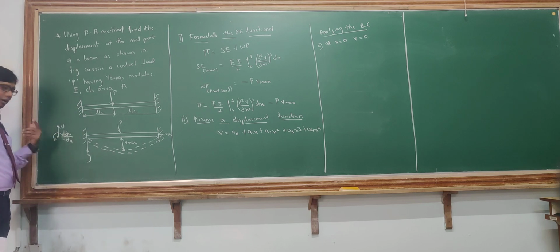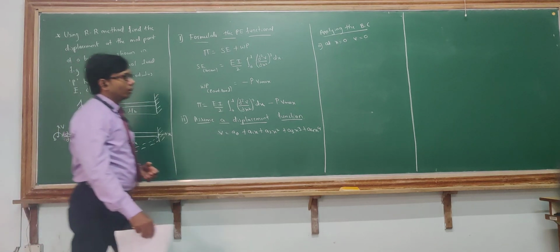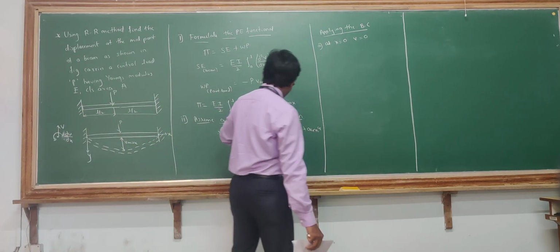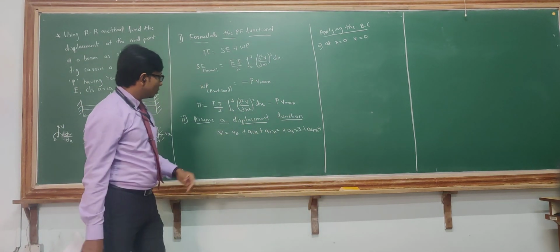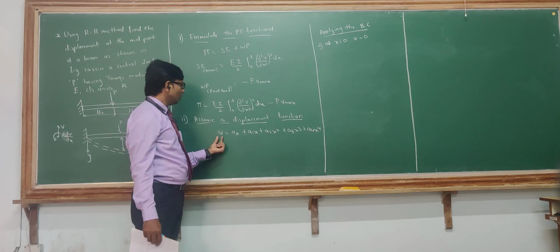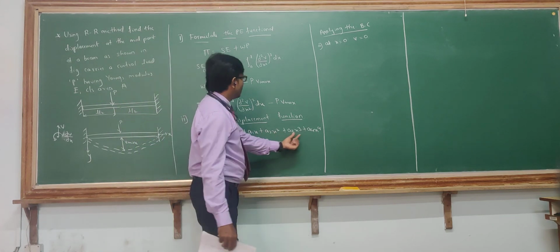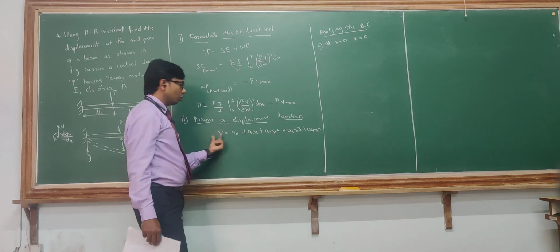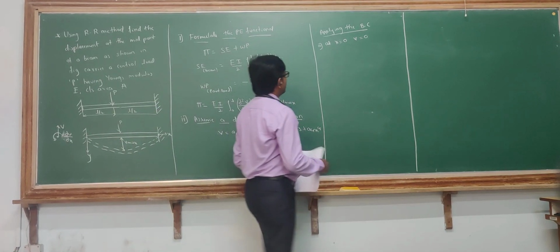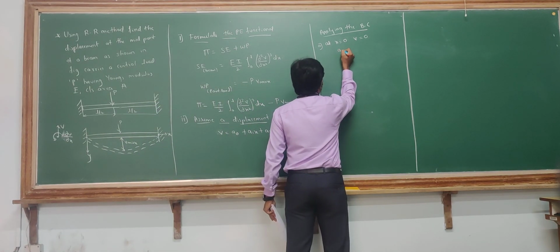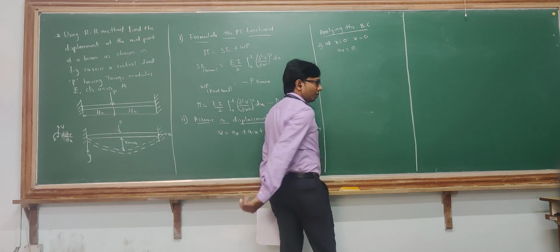You cannot have displacement here. So v will be equal to 0. If I apply this to the equation, all the x terms will be 0, so a0 will be equal to 0.